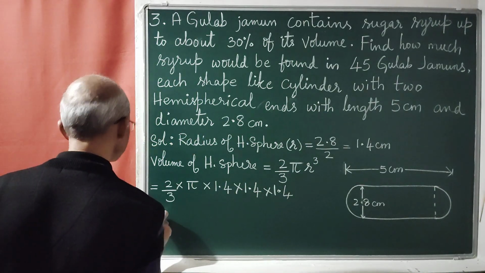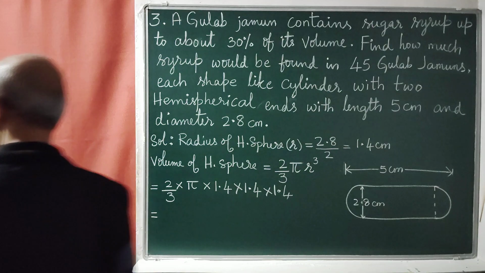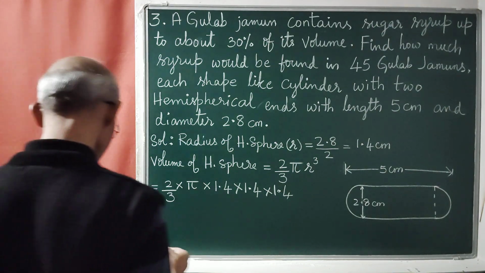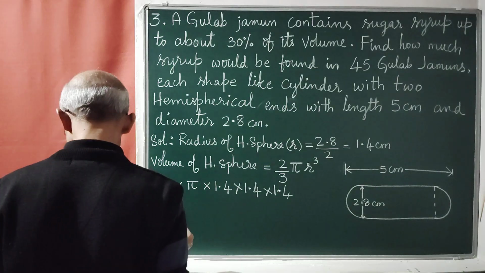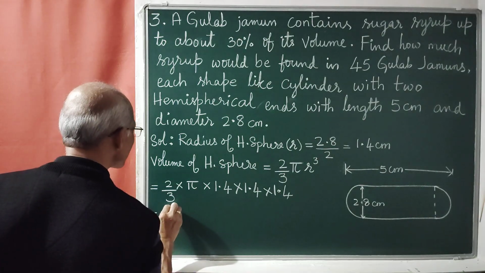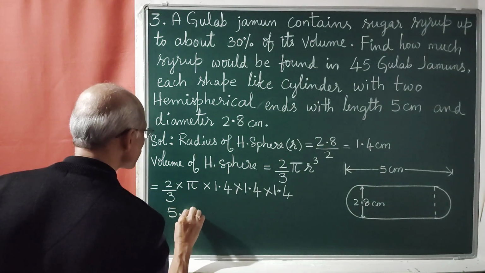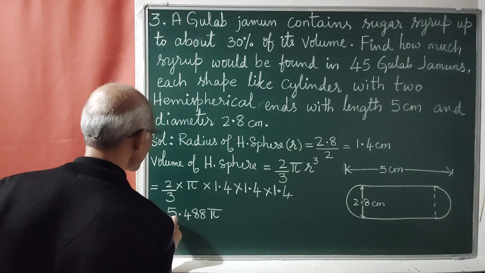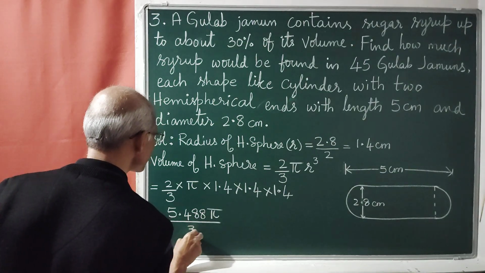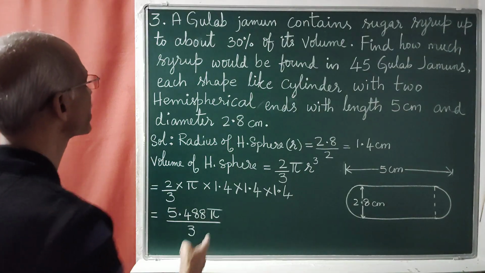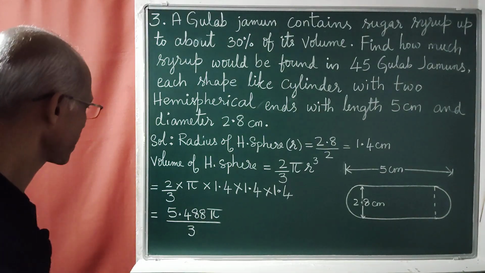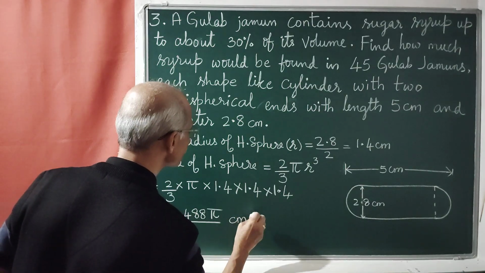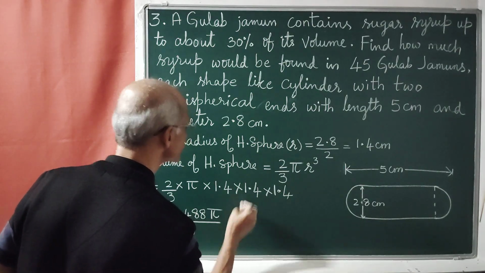That will be equal to 5.488 pi by 3. For the time being we'll keep pi as pi only. At the end we'll put the value of pi. So this is centimeter cube. This is the volume of the hemisphere.